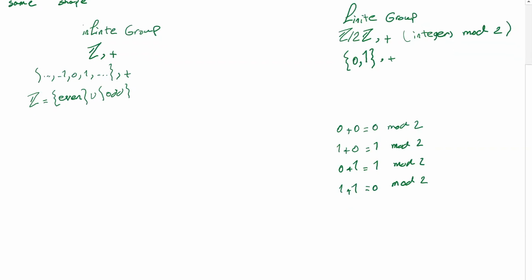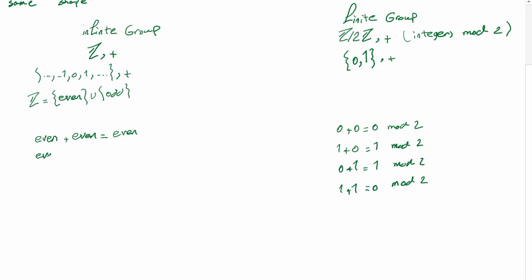So now if I write down the logic over here, then you will start to understand the similarity between these groups. If I take any even value from the set and I add another even value, then the result would be even, right? 2 plus 4 is 6, all of them are even.